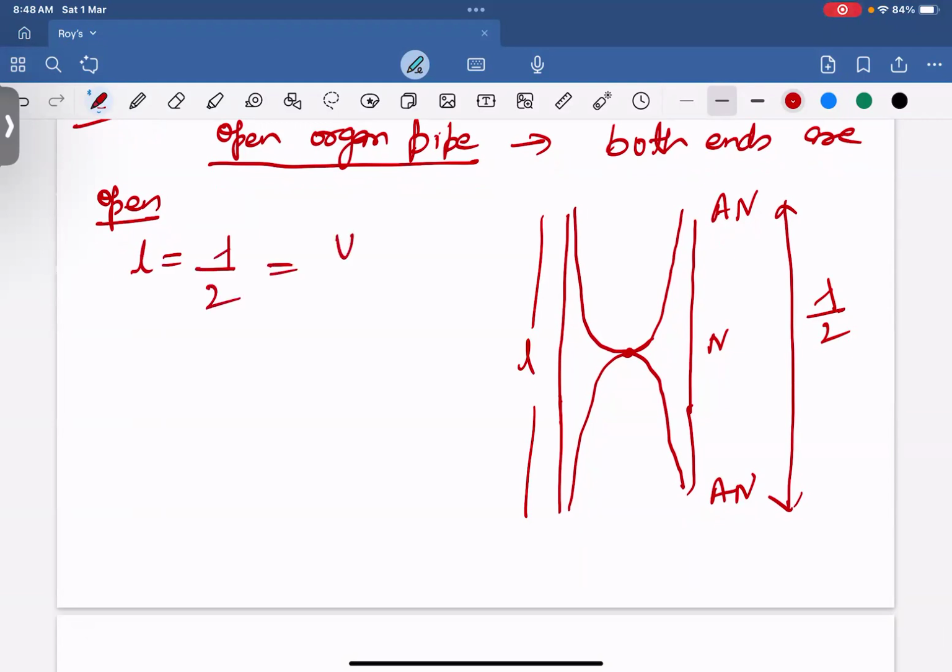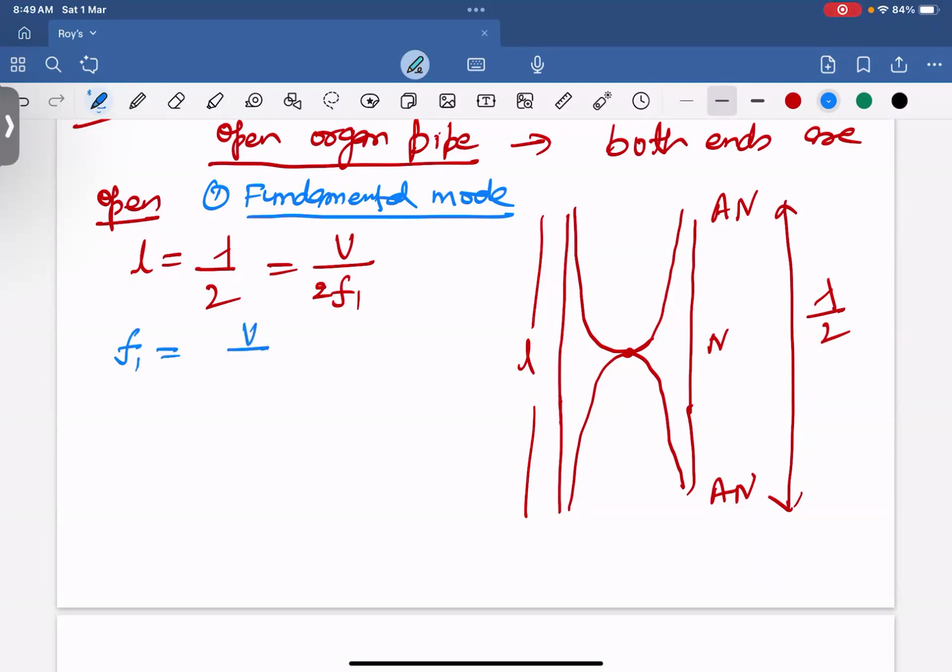Lambda equals V by 2F1. Here I am talking about the fundamental mode. The first fundamental frequency F1 will be equal to V by 2L.